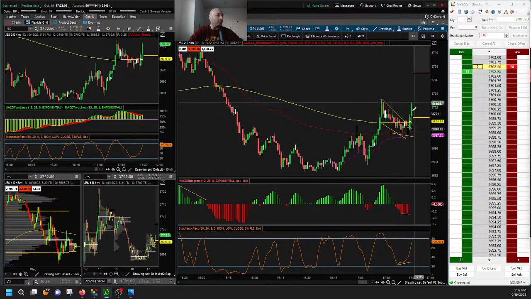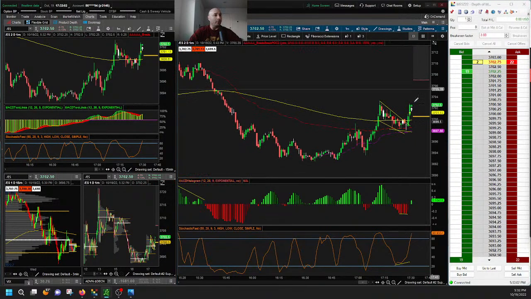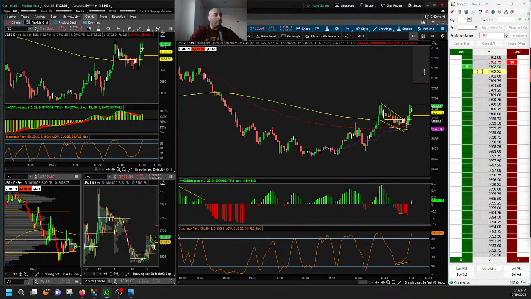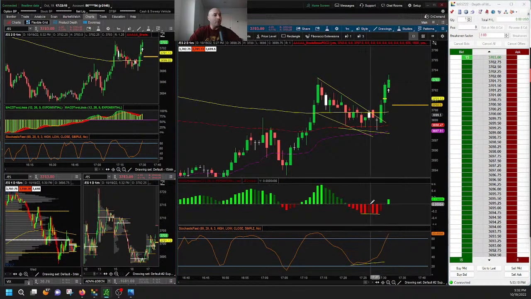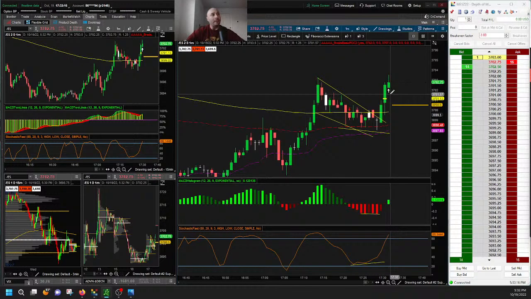So price, and look at that, right on cue, it's starting to rise. But look at this right here. See this arrow? That arrow is letting you know we've gone from red to green, and the market is now in a bullish phase on the MACD.